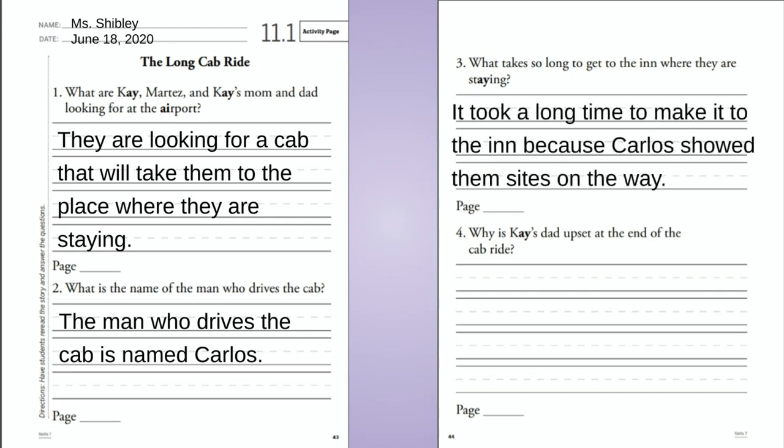It took a long time to make it to the inn because Carlos showed them sights on the way. Number 4. Why is Kay's dad upset at the end of the cab ride? Okay, and this one is an opinion because it didn't really say, but we have to think back to our first story that we heard about Kay's dad.